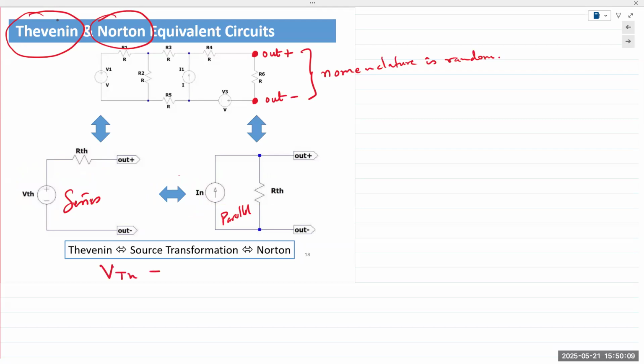VTH is equal to IN times RTH. You can transform a Thevenin equivalent circuit to a Norton and vice versa. All right. Any questions?